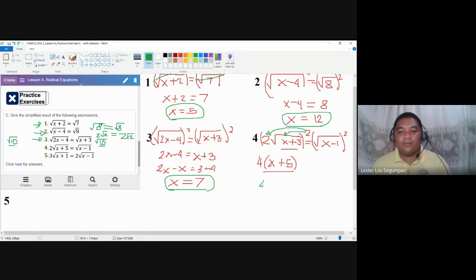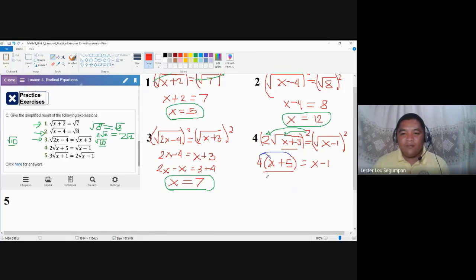Make sure to group that into one, and then equal to the other side. Even if you will say there's 1 here, the perfect square of 1 is still 1, so it doesn't matter. You have x minus 1, and then this is your expression. Simply apply the distributive property and all the properties of equality later on.